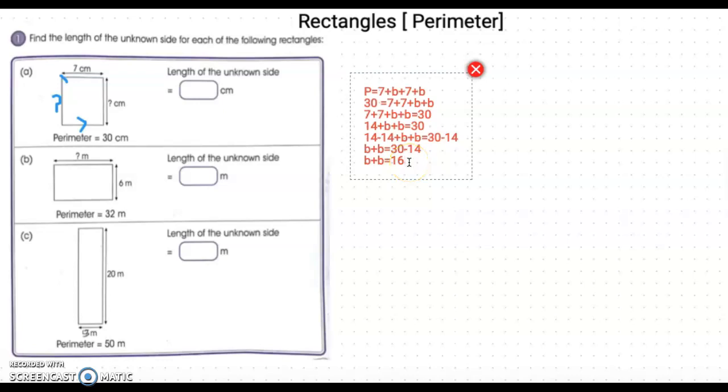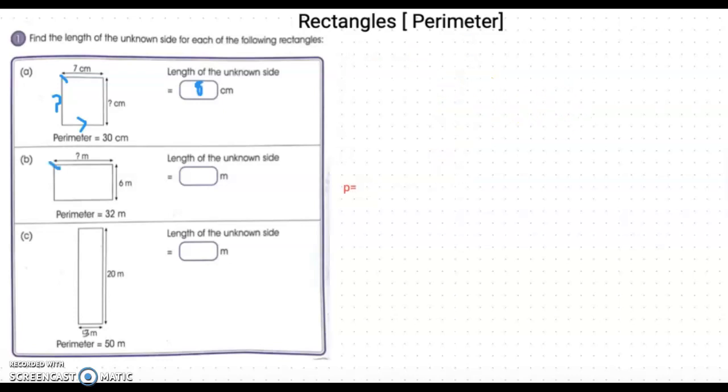So how much will be 1B? Therefore 1B will be equal to 16 divided by 2, which is equal to 8. So we found that the unknown side is 8 centimeters. Now let's move to the B part.